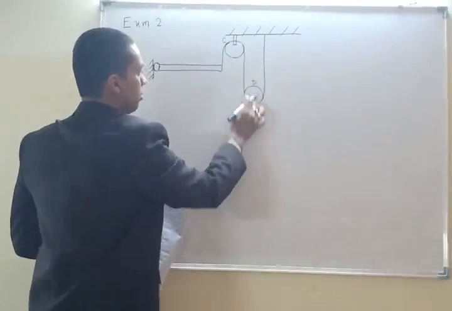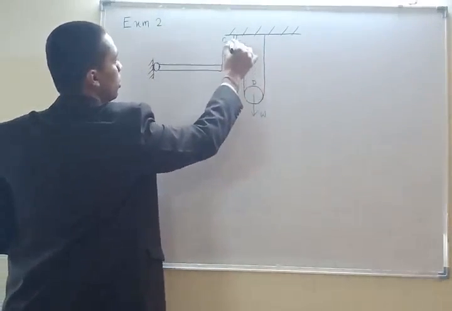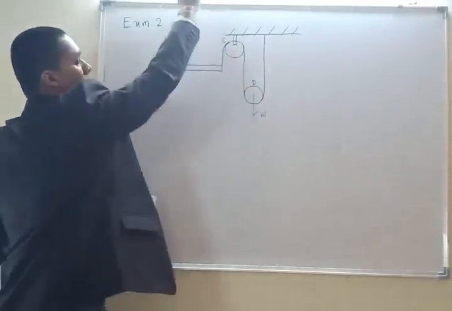If this goes down, then this string will go down, then this one will rotate and this beam will move up.